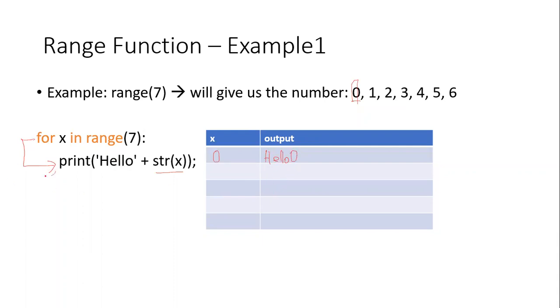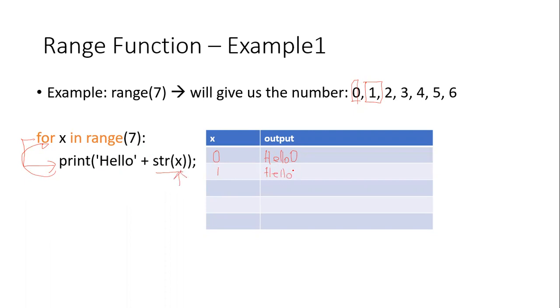When that is finished, it's going to go back up, and x then takes on the next value. And the next value in that range is 1. So x now takes on the value 1. It's going to execute the statement again, which is hello, and it's printing the value of x.